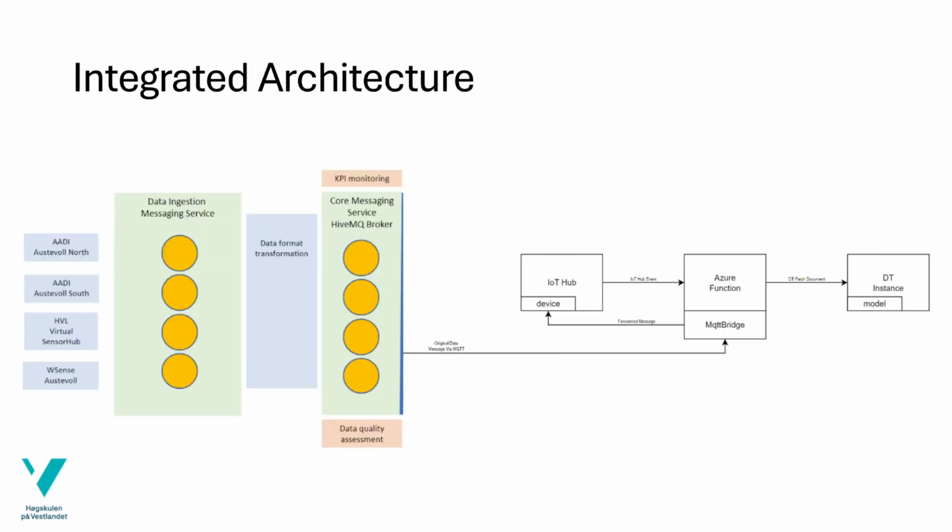Integrated together with the SmartOcean data platform, our thus far rudimentary solution looks like the following. So on the left, we have the SmartOcean data platform, which provides data coming from the physical sites via the HiveMQ messaging broker.